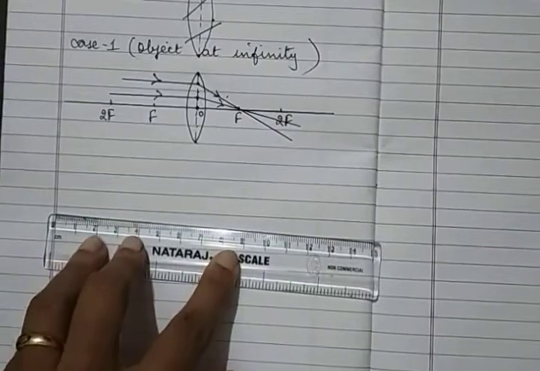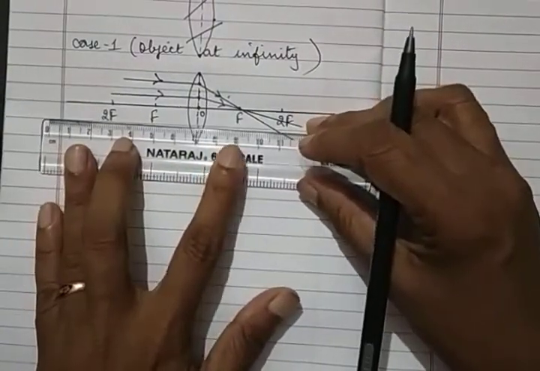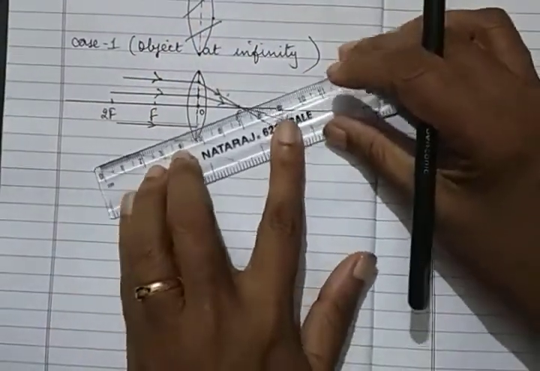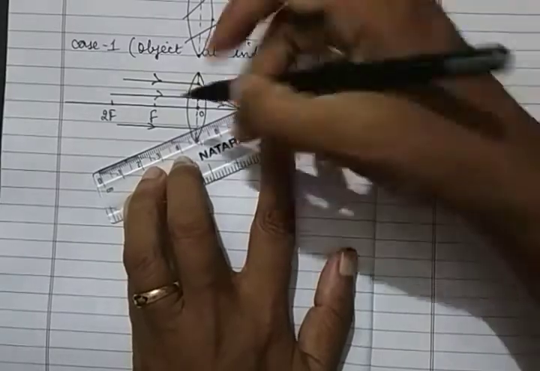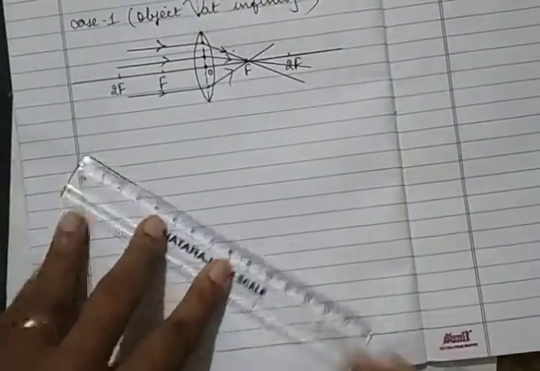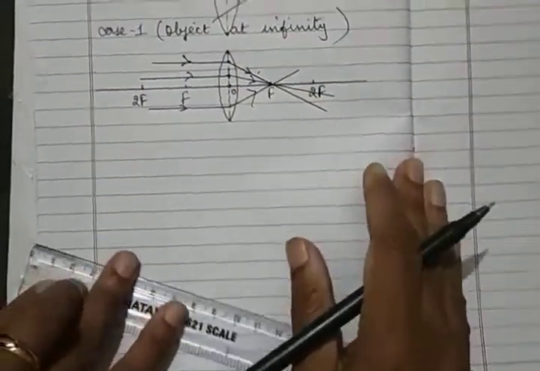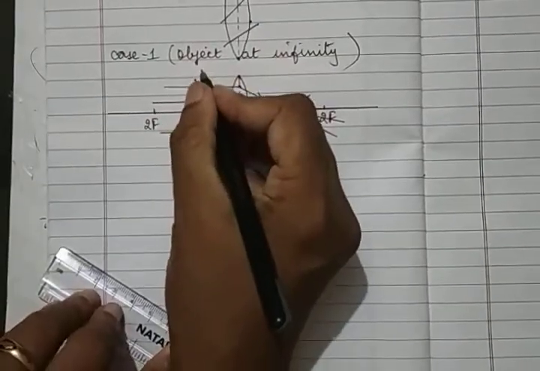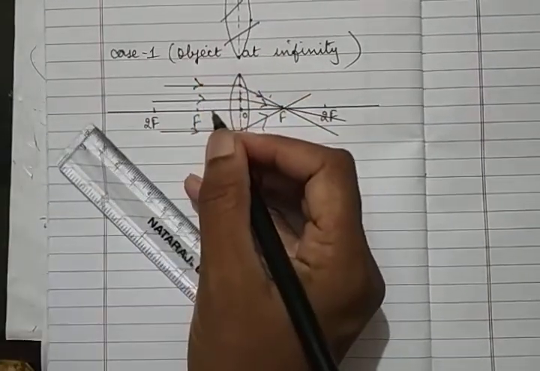So you can draw one ray from below also, or you can just draw one ray above one ray below. That's also fine. So this is the case 1, object at infinity. In case 1 itself, you have 2 diagrams. One is object at infinity. Infinity means somewhere very, very far away.